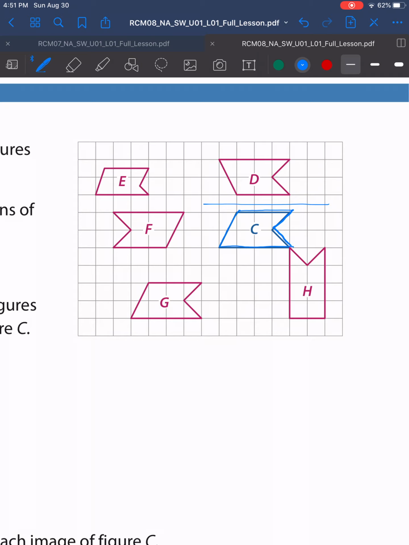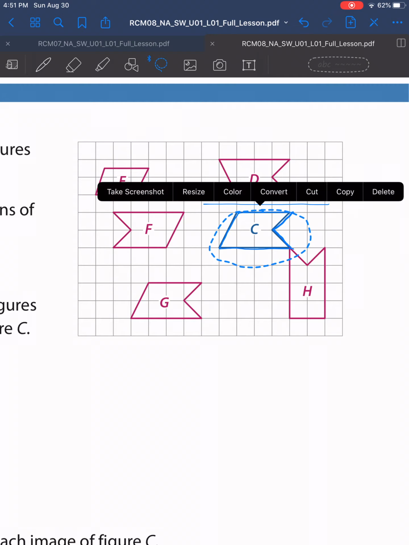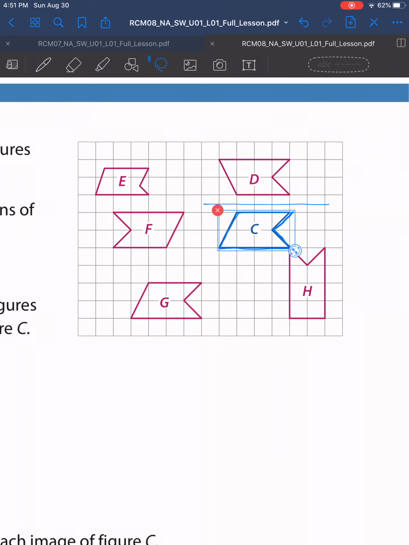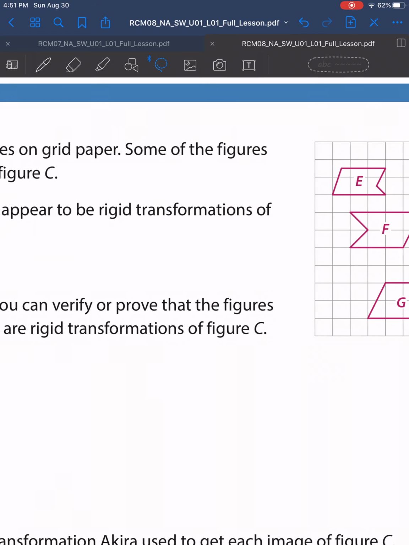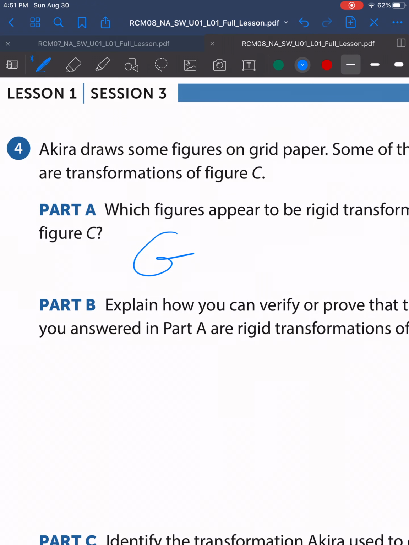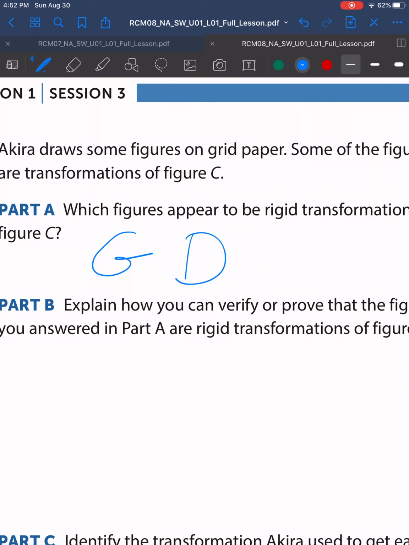So if I were to take this little fella and flip him, I know this is so hard for me, I'm sorry, but if I were to flip him, it's not going to let me flip, darn it. Well, if it would have let me flip it, I could flip it over the reflection line, and do you see how all the pieces would have lined up nicely? So D is a flip or a reflection.